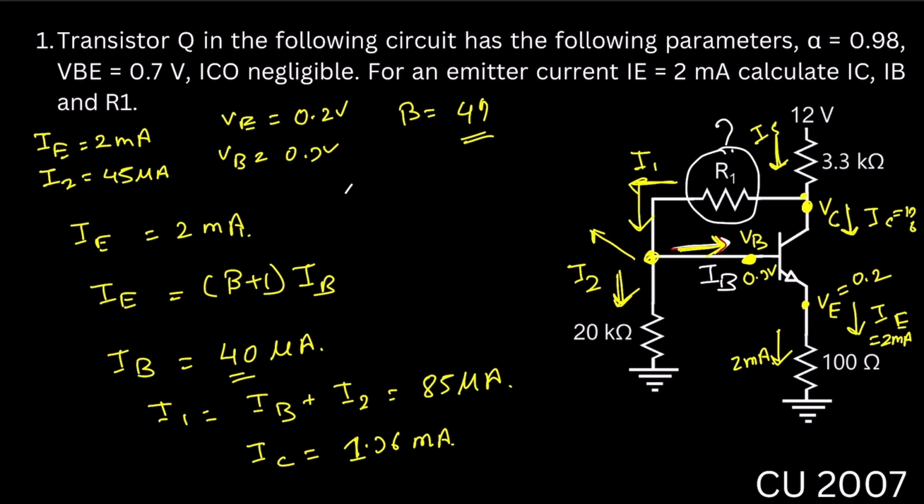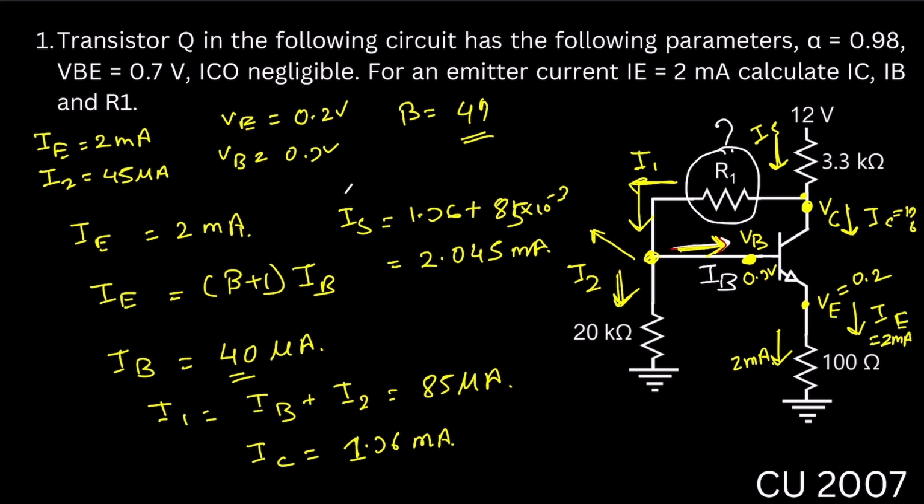IS will be IC 1.96 plus I1, which is 85 microampere. If we add these two, we get 2.045 milliampere. So we already got the value of IS.